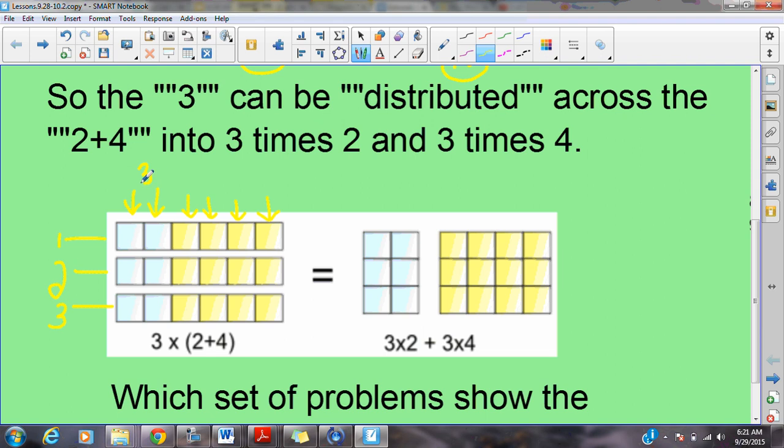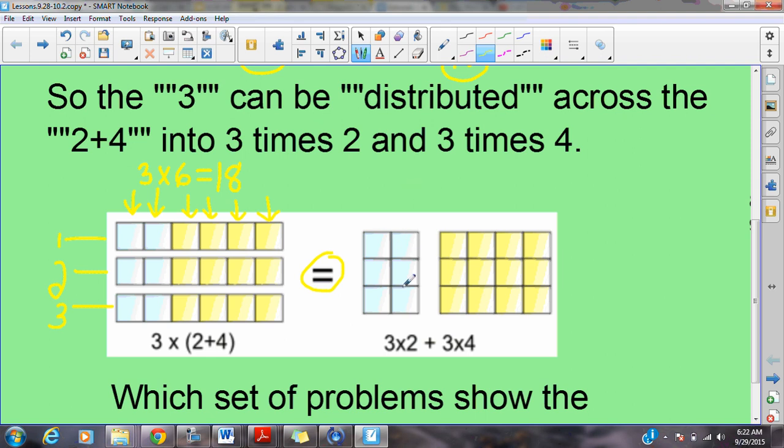So really, if I did my array model, it would be 3 rows times 6 columns, which would be 18 total, which is the number we got above when we were doing the math. So here's 18. They're saying it's the same, and we already did the math, so let's see what it is.